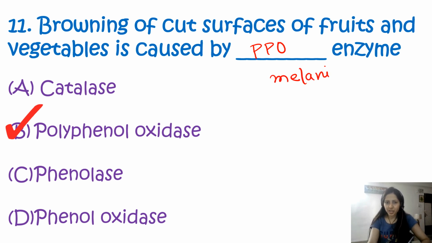This enzymatic reaction occurs when the plant tissues are damaged or cut and the enzyme is exposed to its substrate, phenolase, polyphenolase. Okay, so the correct option will be B, that is polyphenol oxidase enzyme.